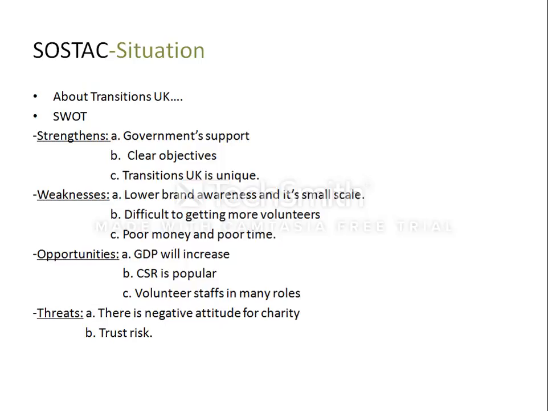As a charity organization, it has its own brand value and a clear strategy, which is start small and expand constantly. It has a huge relationship model to develop its projects, and Transitions UK is a new organization. It is using social media, for example, LinkedIn, Facebook, and Twitter.